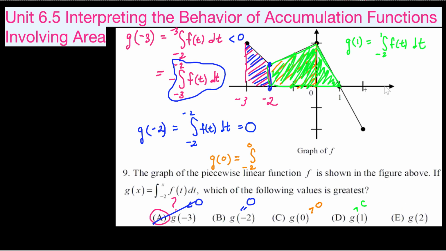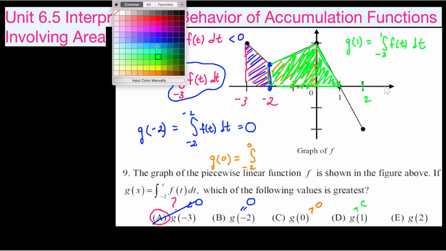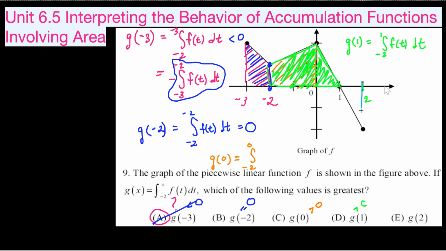Now g of 2, here's 2 over here. This region here is going to be negative, so it's going to subtract from the overall value of the integral. This part here is going to subtract from this green part. You're adding, and then it's going to be negative.